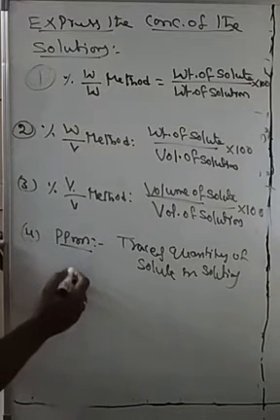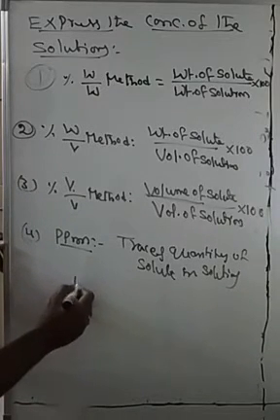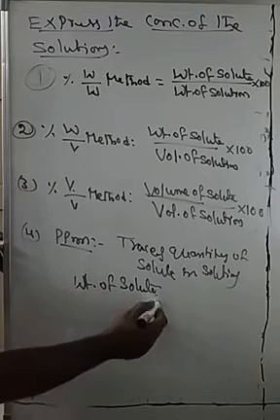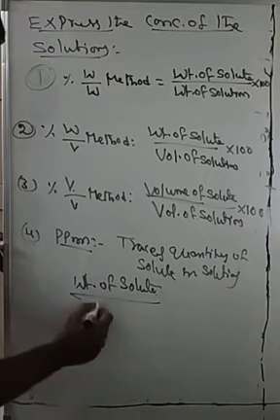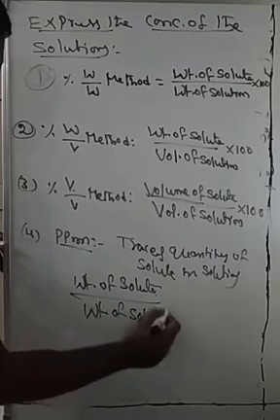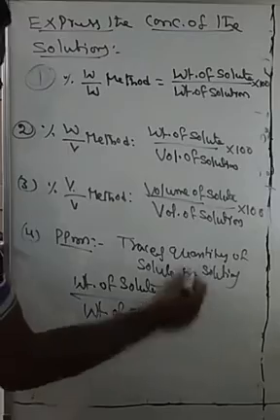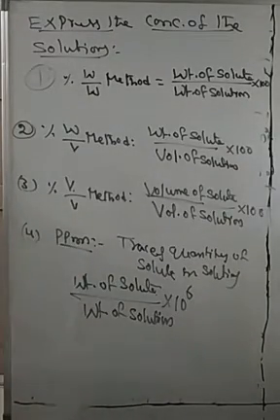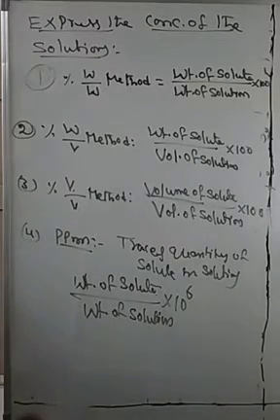So now you are using the formula: weight of solute by weight of solution into 10 to the power of 6. ppm means parts per million. That is why you multiply by 10 power 6, nothing but million.